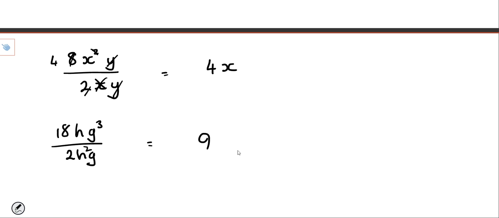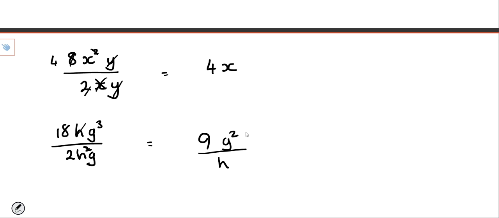Oh, 9h. No, wait. So where's the h left? That h divides with this one, so actually we still have an h on the bottom. Oh, that makes sense. 9 and then g squared. Yeah?